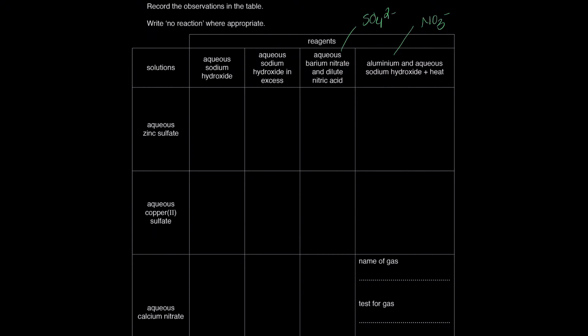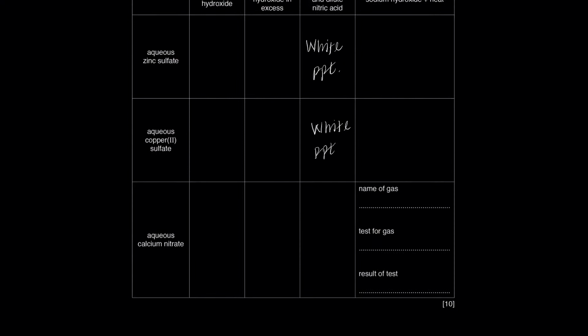I think you'll get a white precipitate, isn't that true? White precipitate, because both of them have sulfate. And the last one over here will not have a reaction. No reaction. Right?